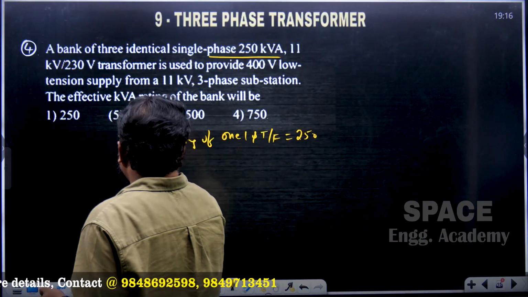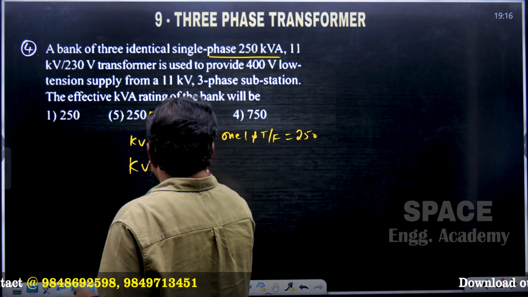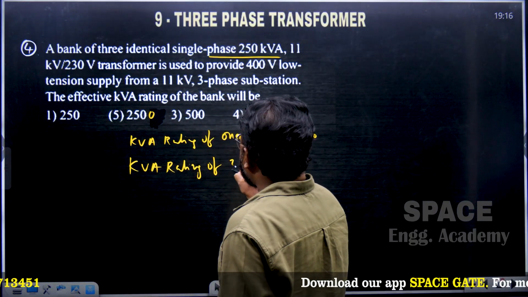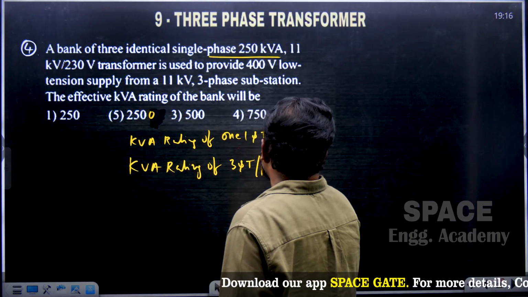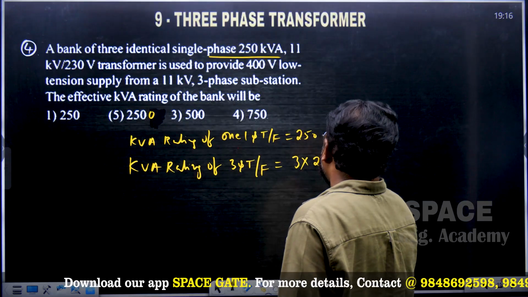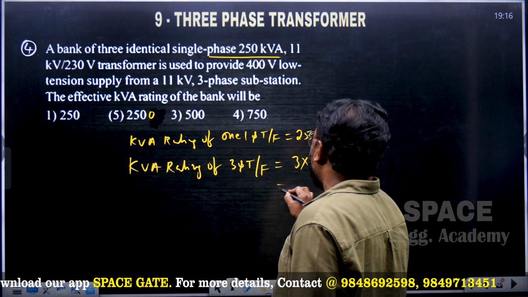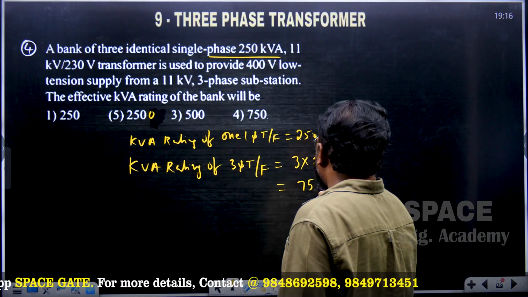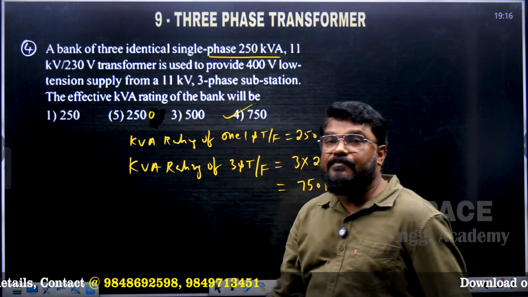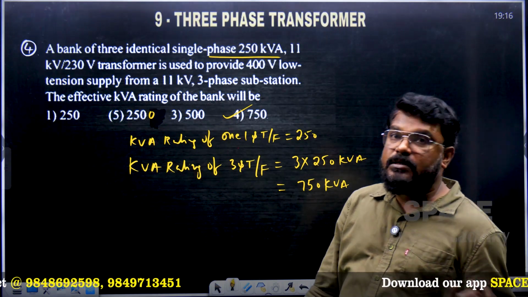So the kVA rating of the 3-phase transformer is equal to 3 multiplied by 250 kVA, that is 750 kVA. So 750 kVA is the answer, the right answer for this question.